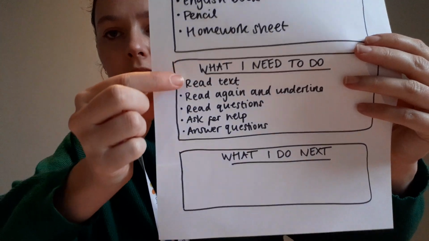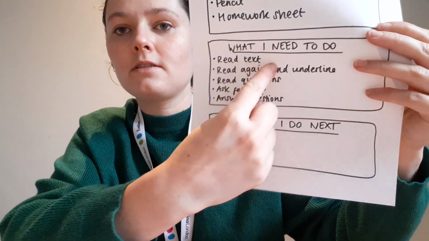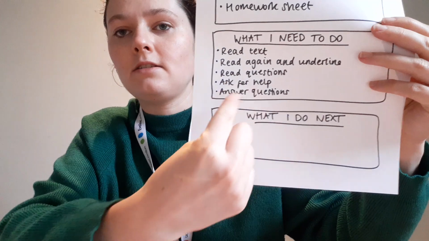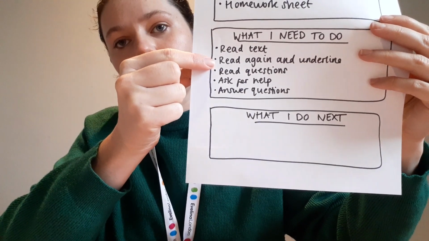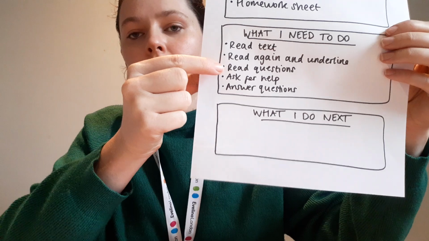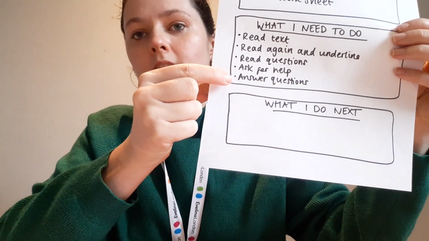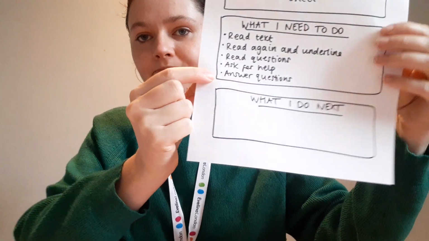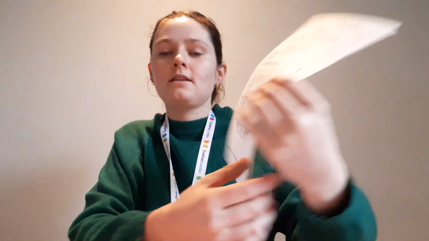Having these steps broken down will really help your child to anticipate what they need to do next. So we've got read the text, read it again and underline, read the questions, ask for help, and answer the questions. Then in our final box of what I do next, I'm going to write take homework to school.